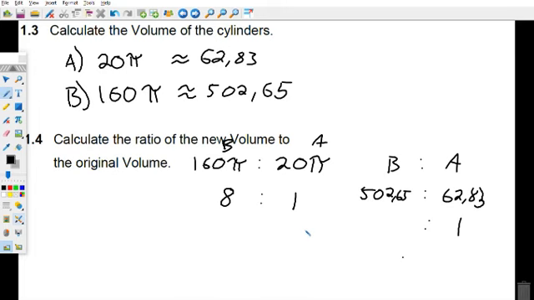Do you see that? Why are we coming up with this error? We know it's 1 to 8. What's that from? We rounded off too early, exactly. We're using rounded values, so my answer is not going to be exact. If we use 20 pi, that's not a rounded answer.